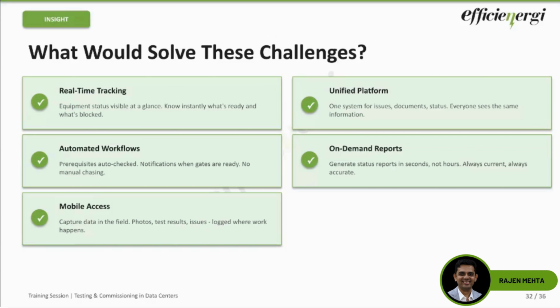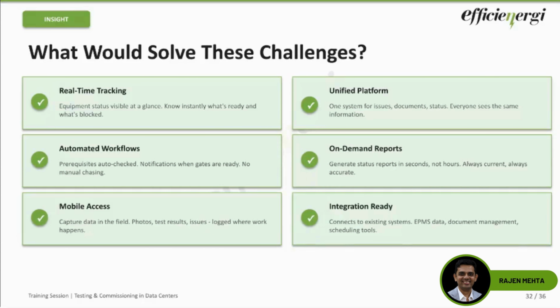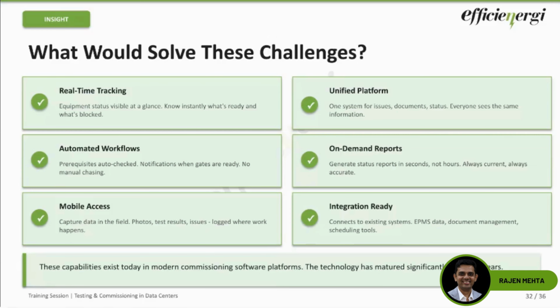Daily, weekly, custom reports, and so on. Integration ready. It connects to your existing tools. For example, it connects to Procore, connects to Compass, or any other software that you have, right? Document management integration and so on. So the technology for all of this exists, and it has matured significantly in recent years.